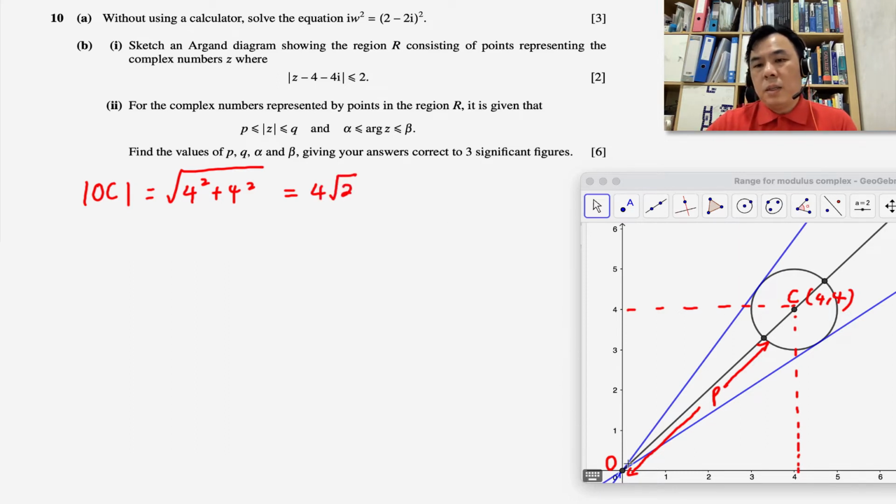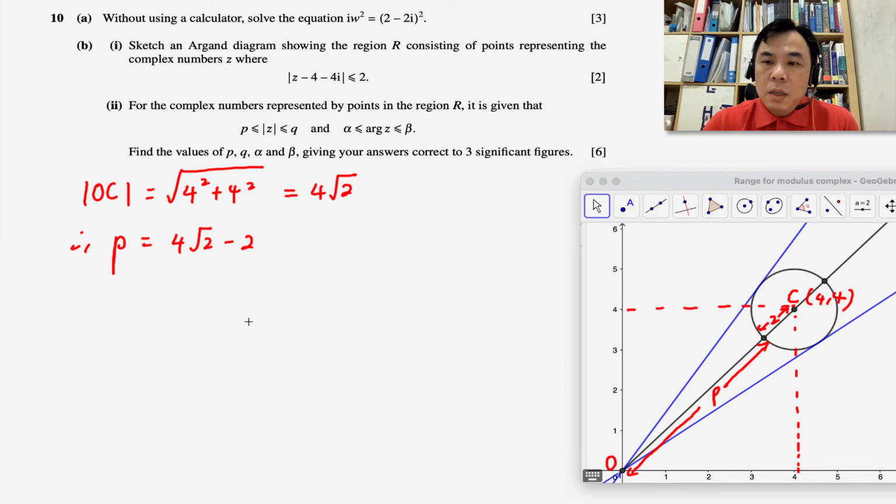Now, that is the distance from O to C. To find the shortest distance P, we can conclude that P is 4√2 subtract the radius of this circle. We know the radius of this circle is 2 units long, as you can see here. Therefore, we subtract that, and there you go. That's the value for P. I hope that is clear.